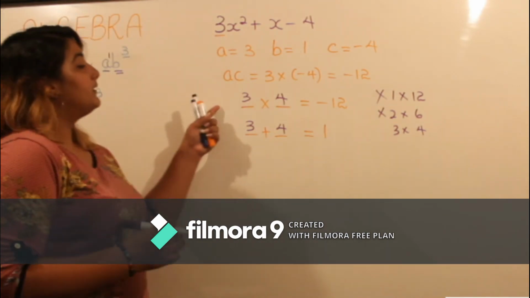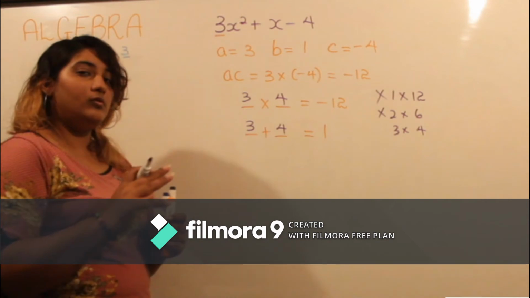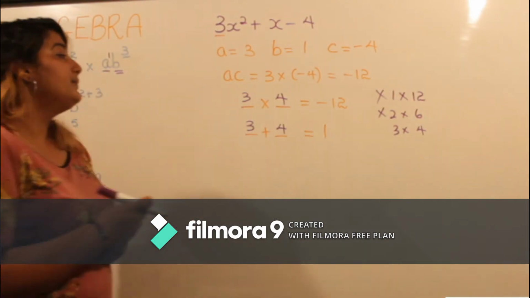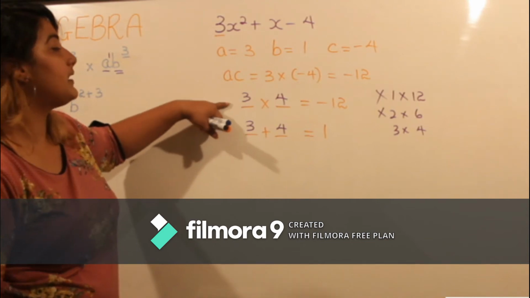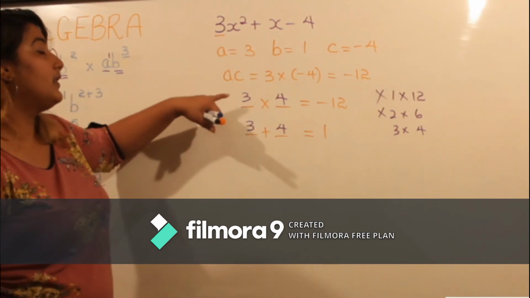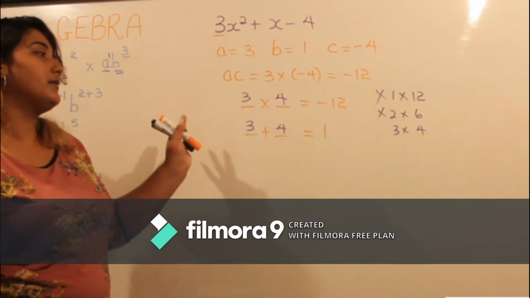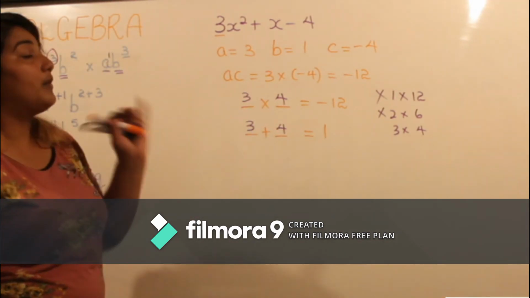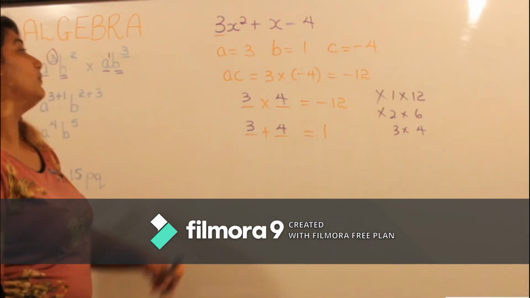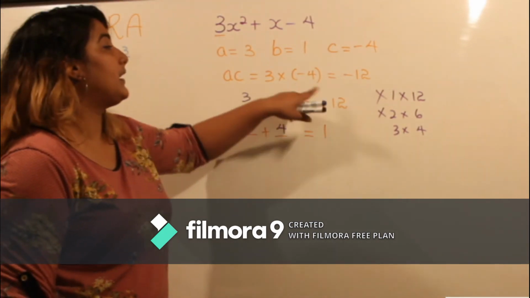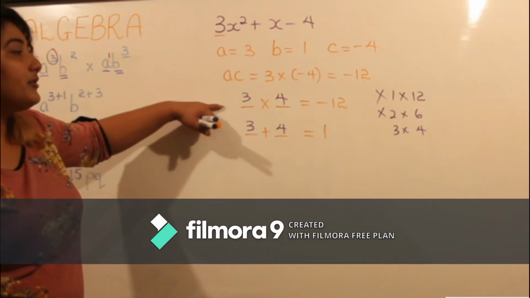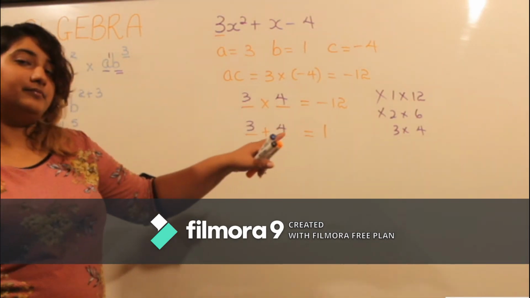When I come back to my product, what do we know about finding the product of directed numbers? We know that if at least one of these numbers here is negative, so if either 3 or 4 is negative, we'll get a negative result. But which one would we use as a negative? If we look here, they have 3 by minus 4. If I do 3 by minus 4, yes, I get minus 12.